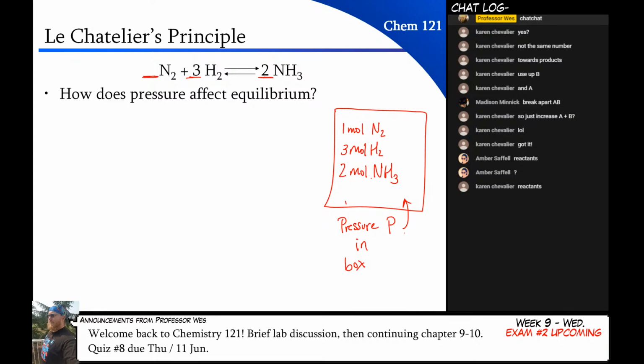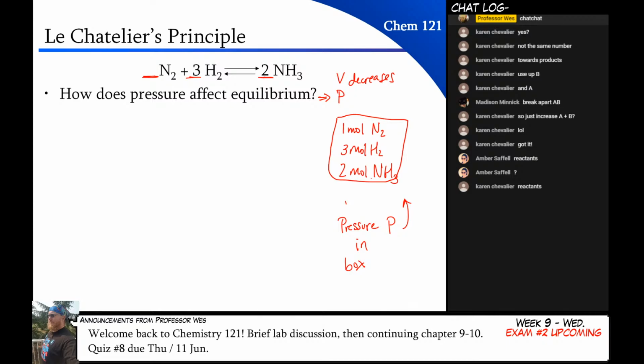Now let's suppose that I do this to it. I'm going to take my container and make it much smaller. If I decrease the volume of this, what would happen to the pressure?